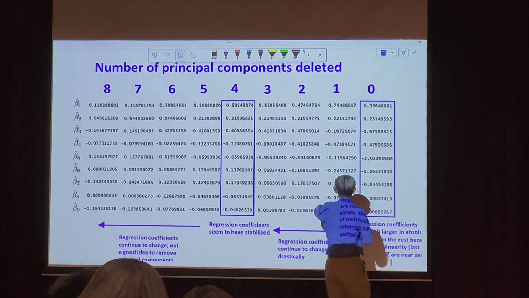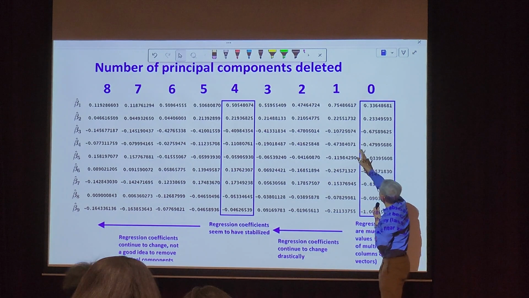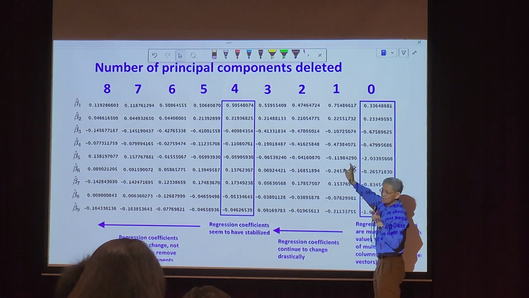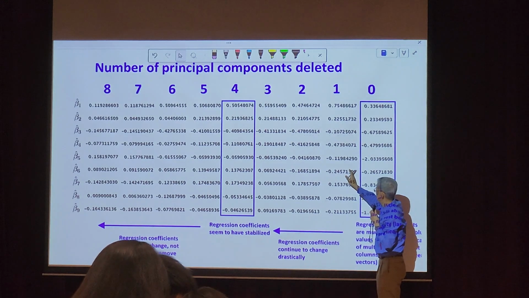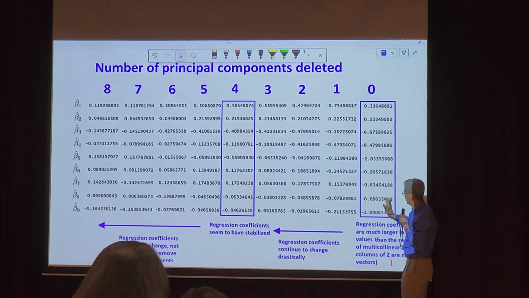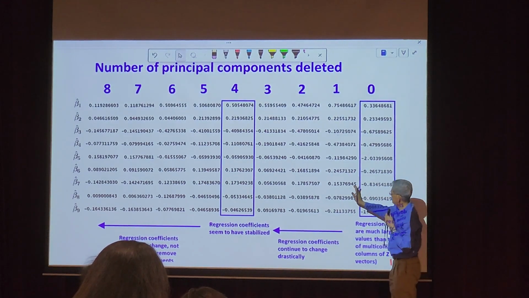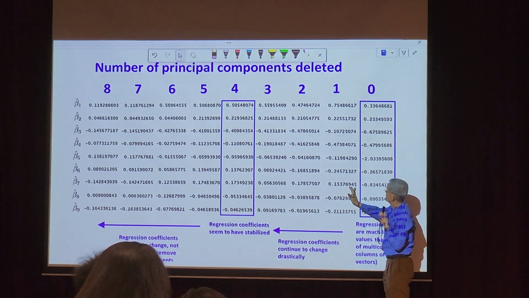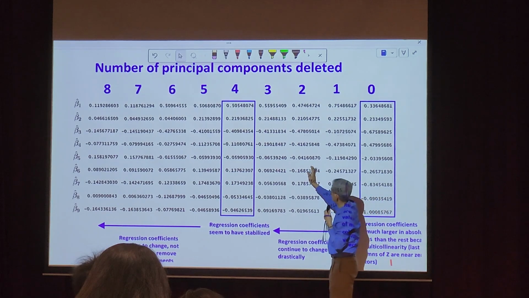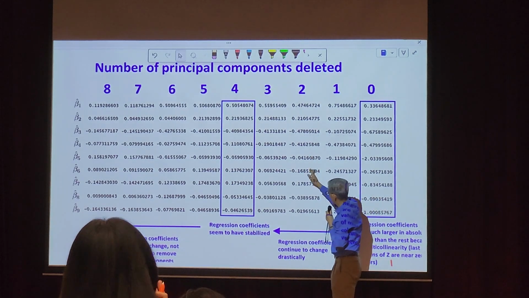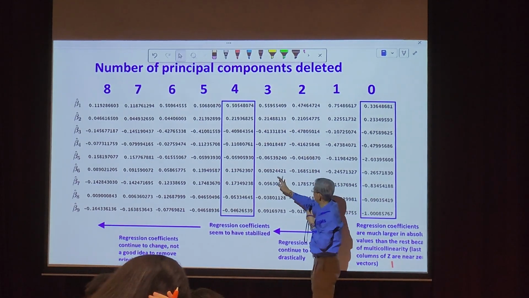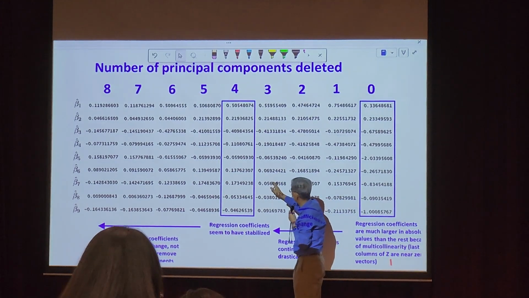So this will be the 9 regression coefficients if I delete only the last principal component. You can see the regression coefficients have changed. And what if I delete the last 2? This is what I'll get. If I delete the last 3, this is what I'll get.